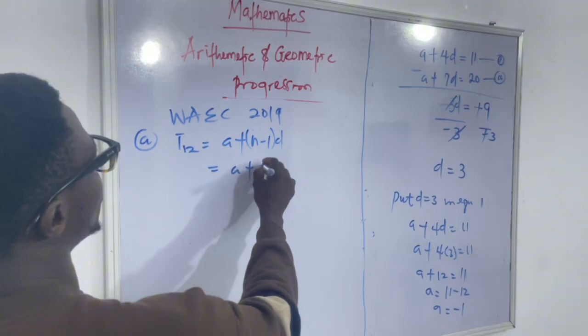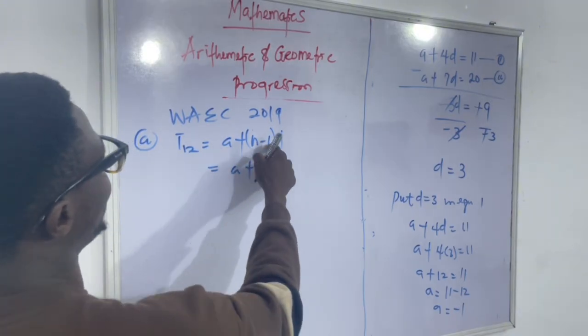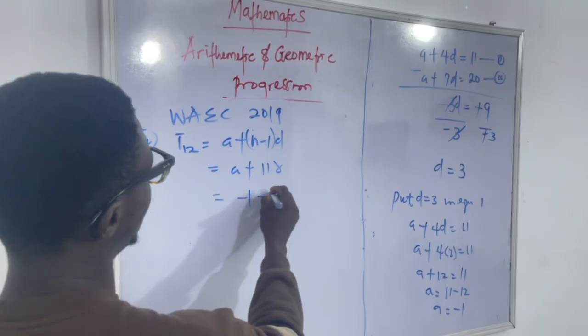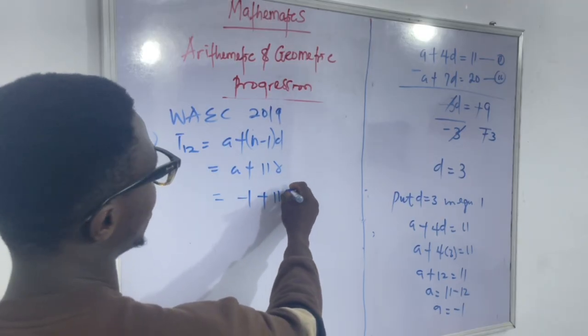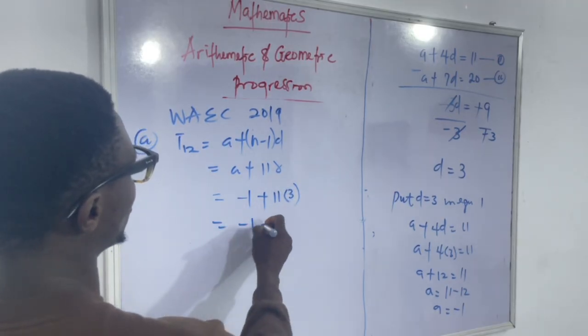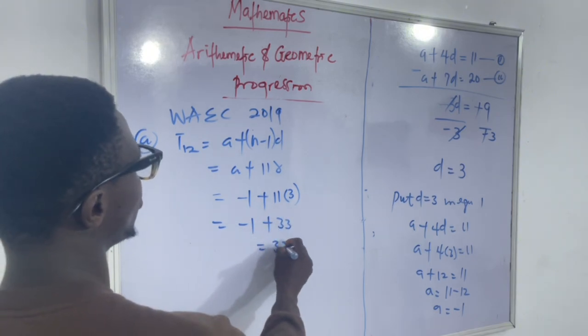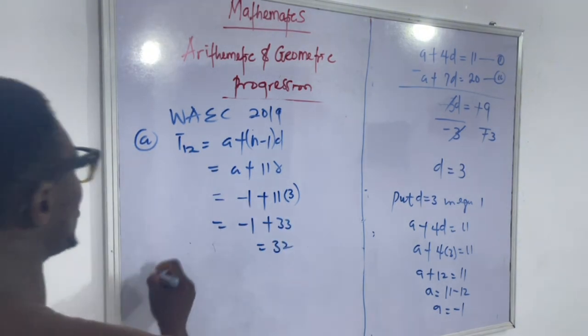That's A plus 11D, since 12 minus 1 is 11. So A is minus 1 and D is 3. So minus 1 plus 33. 33 minus 1, that's 32. So the 12th term is 32.